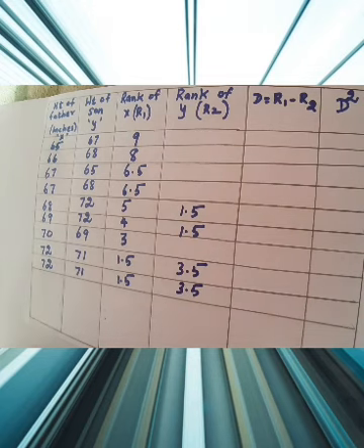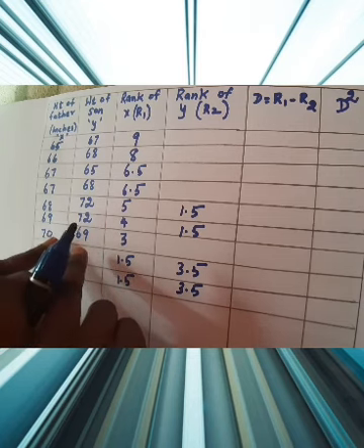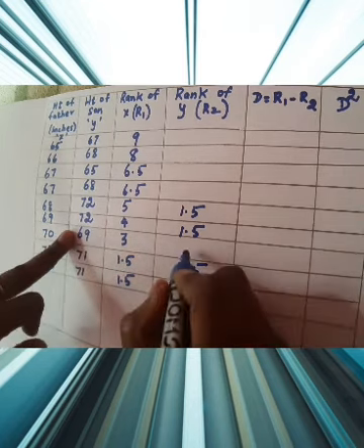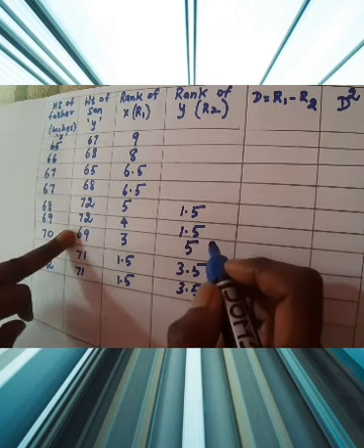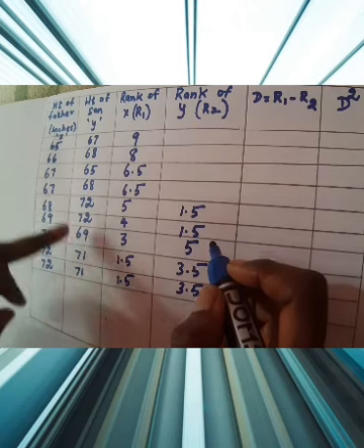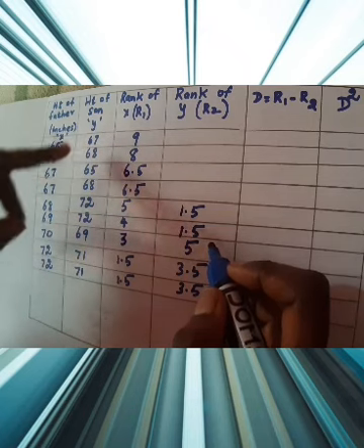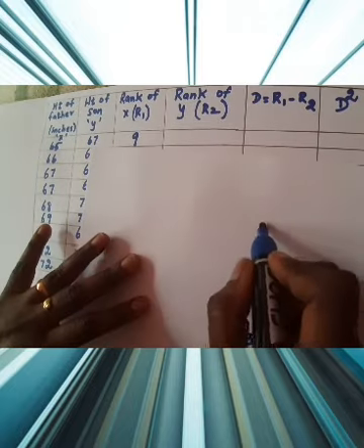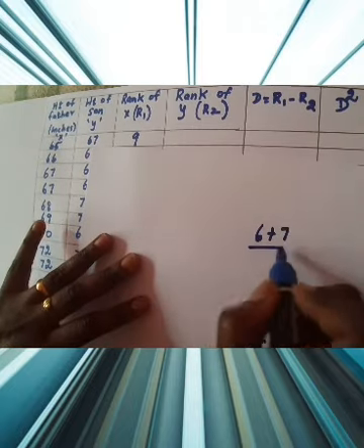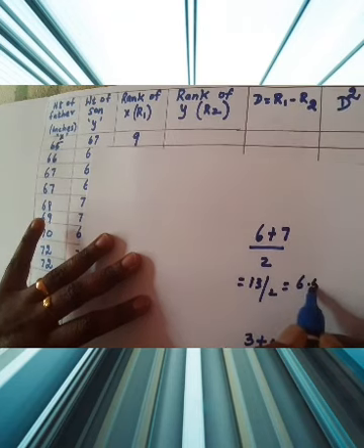Now again, the next is fourth. We are going to eliminate fifth position, which is the next least number after 71. Yeah, 69. So fifth position. Then sixth position, 69. Again, for sixth position, there is a tie between the two persons. So you have to be very, very careful. Now, how we are going to calculate for sixth position? 6 plus 7 divided by 2, which is 13 by 2, which is 6.5.